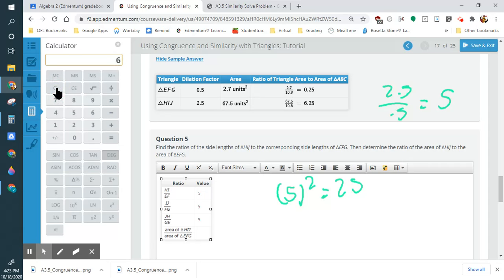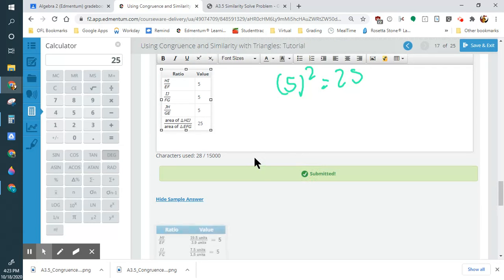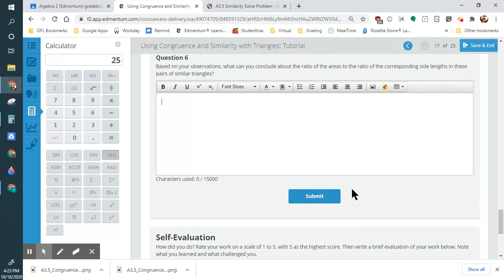Give me a second. 67.5 divided by 2.7. Yeah, okay. I must have typed in the wrong number there somewhere. I'm sure you guys can probably rewind and see what I did, but I don't want to pause the recording and then try to figure out what's going on. All right. Based on the observations, what can you conclude about the ratio of the sides?